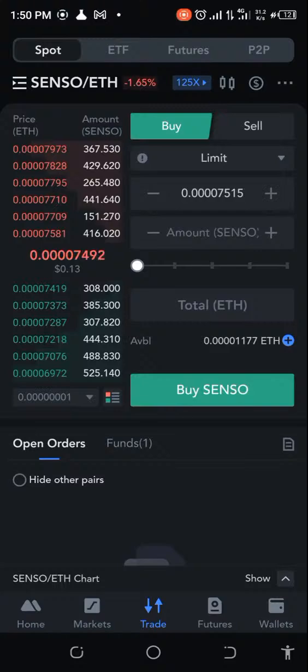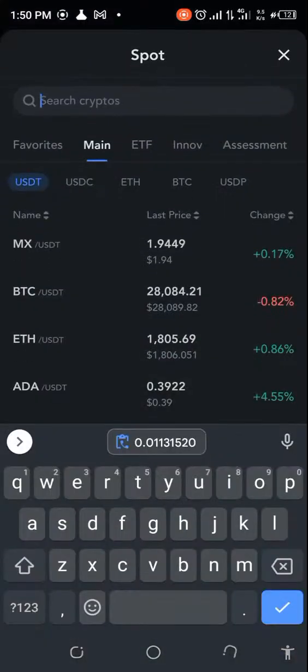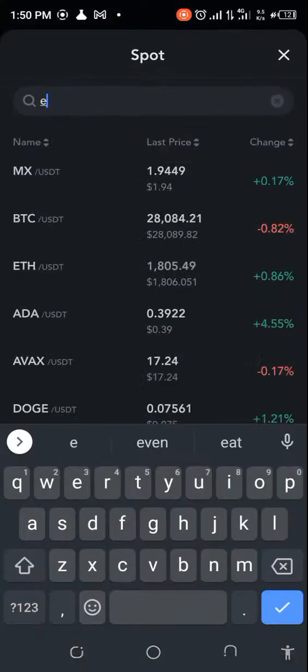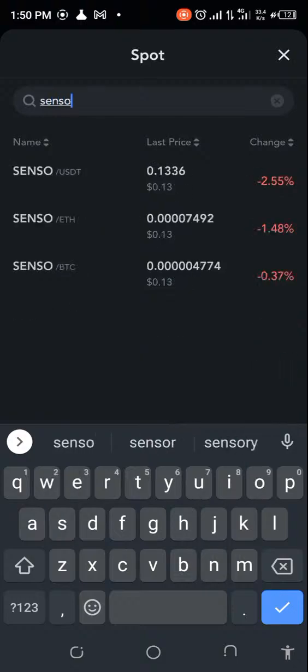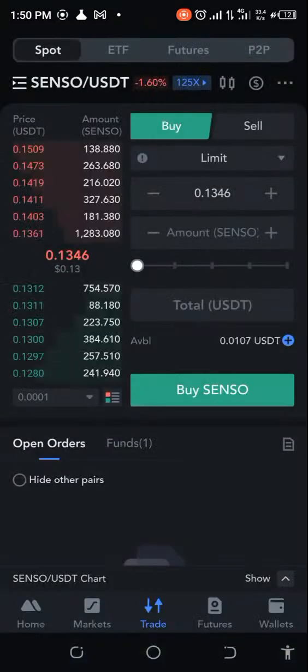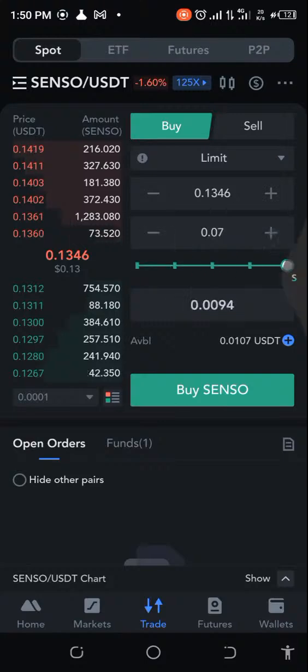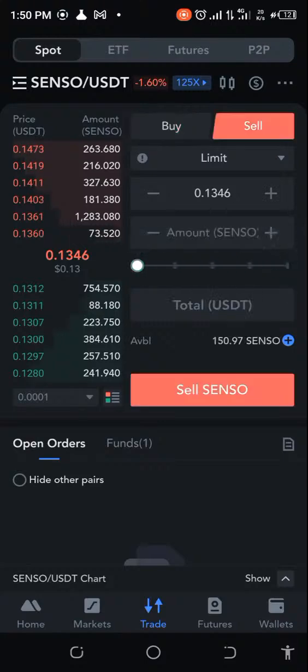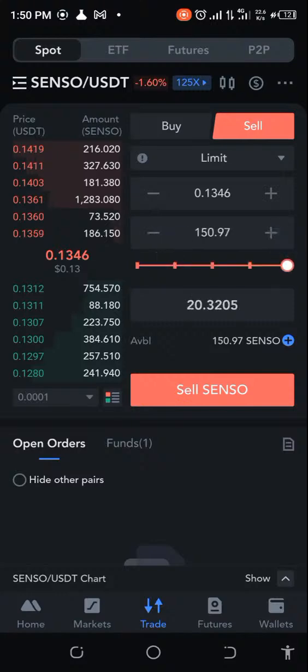Okay, so I'm back and it has already bought the Senso ETH, but I'm seeing something here. That Senso USDT is looking like it's really going low. If we have to sell, don't forget we started out with 20.32.